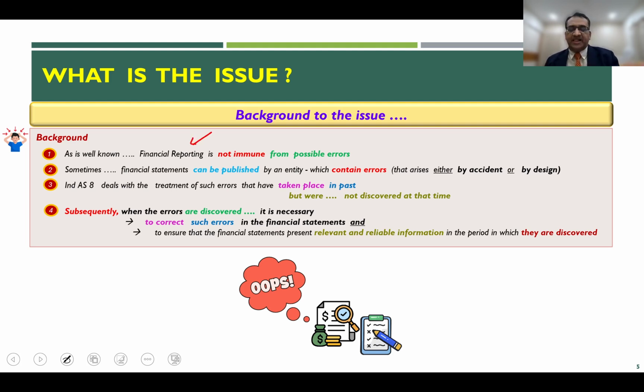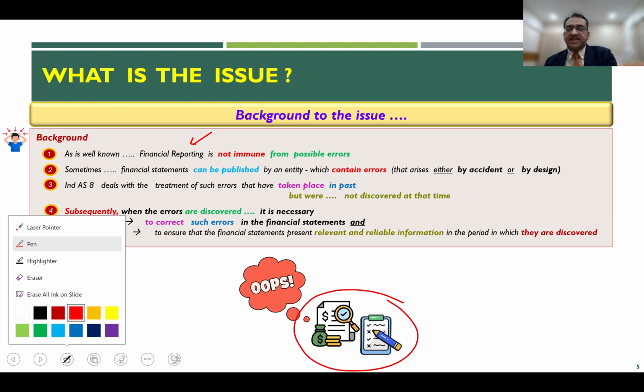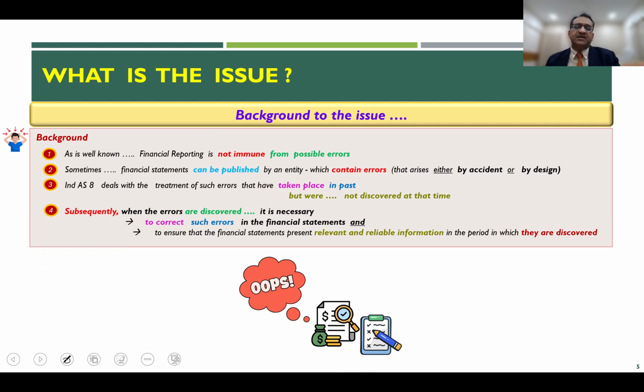It is possible that when an entity is preparing its financial statements, those statements can also have some kind of errors. And therefore, sometimes when financial statements are published by an entity, they may contain errors, and those errors either can arise on account of some mistake by accident, or it could be a conscious design.